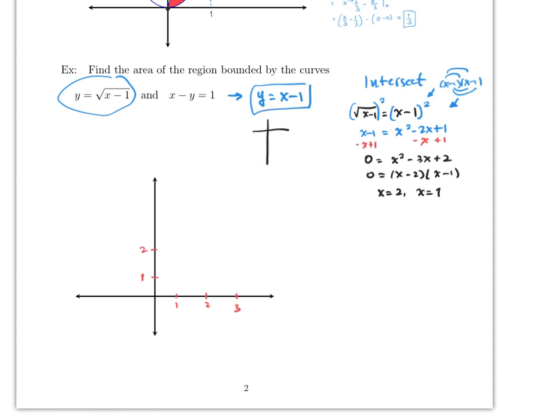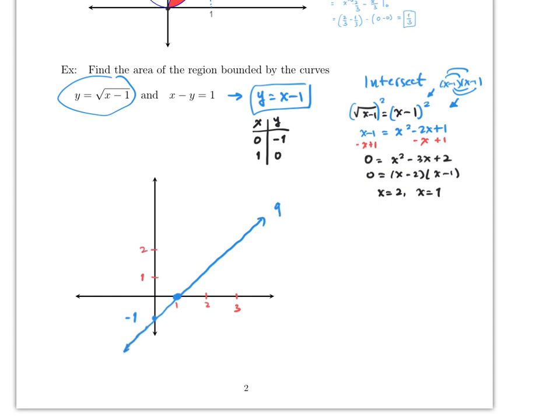So just create a quick table. So let's say that if this is 0, well, this will be minus 1. If this is 1, this will give you 0. So all you need is 2 points for this one, since this is a straight line. So you have 0, and let's say this is minus 1. So this will be the first line.